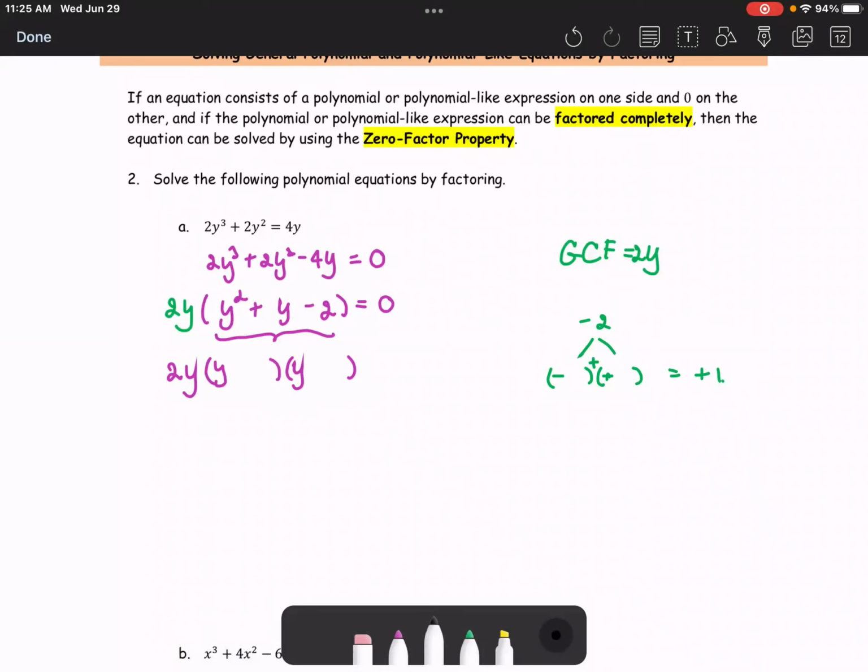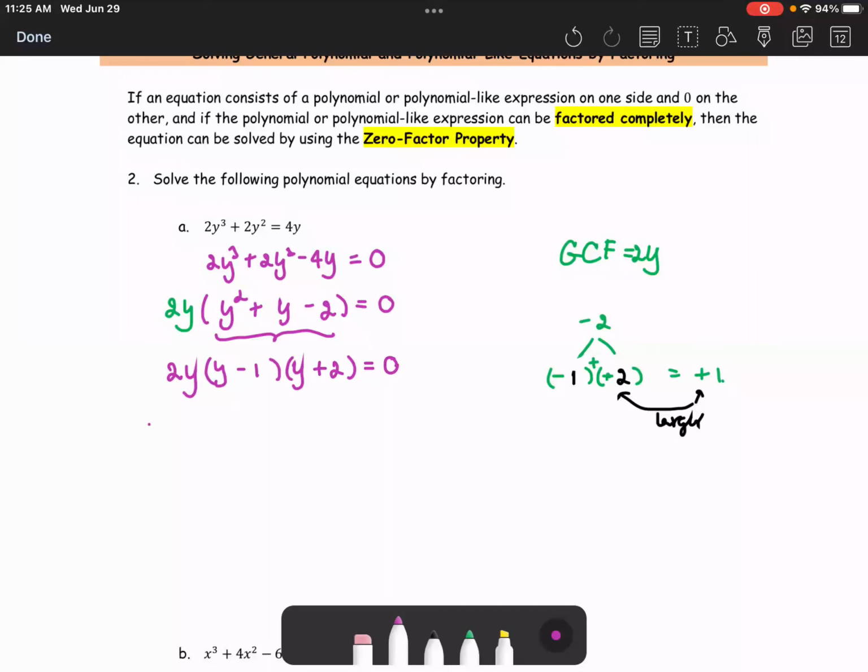If the sum is positive, then the larger quantity will have the same sign as the sum. That means we have positive 2 times negative 1 to get negative 2, but the sum is positive 1. Back to the problem. So we have y minus 1 times y plus 2 equals 0.